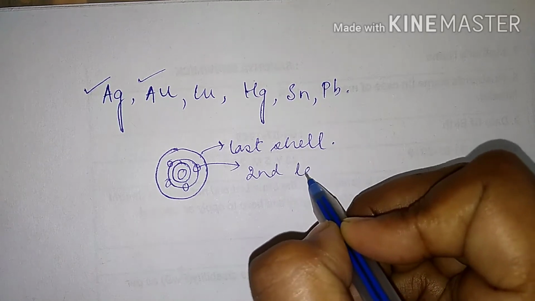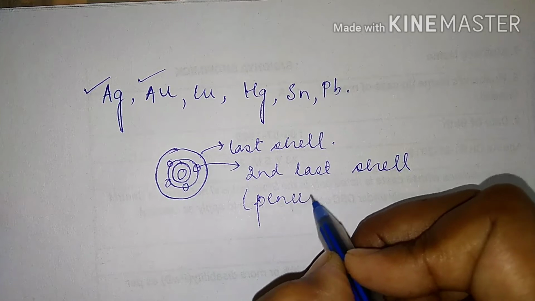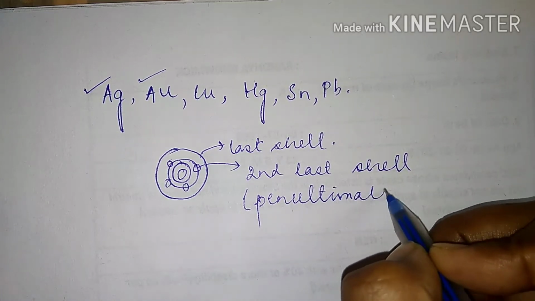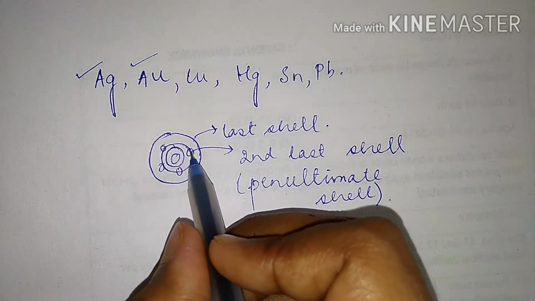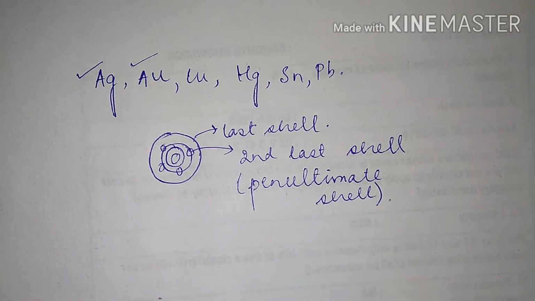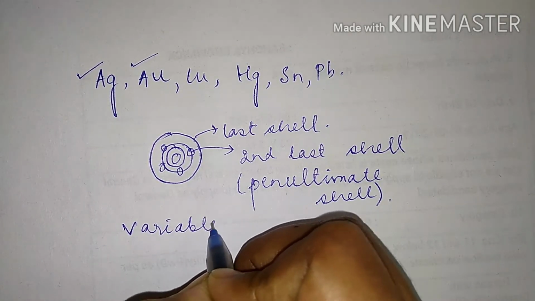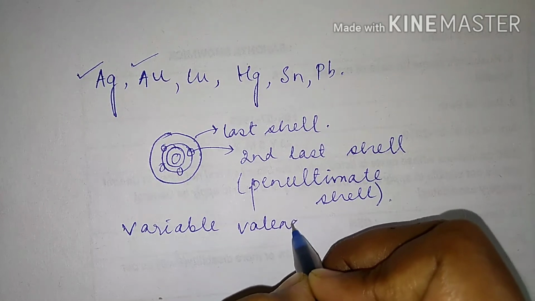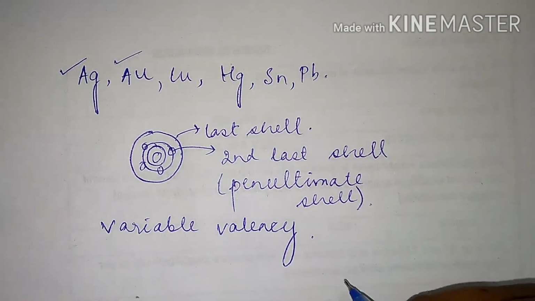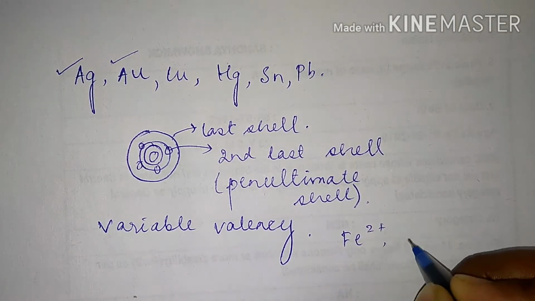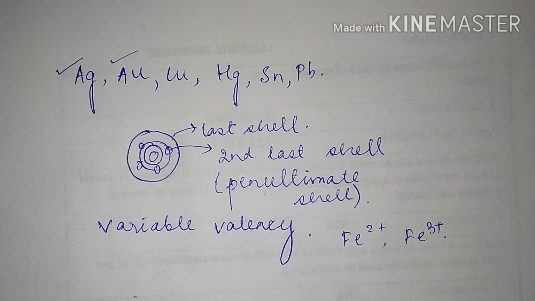This second last shell is also called the penultimate shell. So when they lose electrons from the penultimate shell, they show the phenomenon of variable valency. Even iron shows variable valency of Fe2 plus and Fe3 plus. These were a few examples of variable valency.